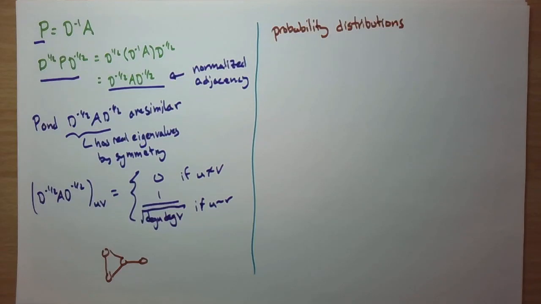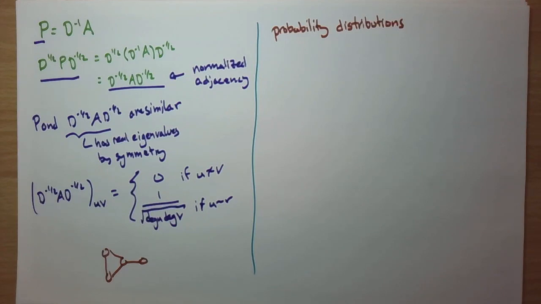Because P is similar to a symmetric matrix, P is diagonalizable. But it's no longer diagonalizable by an orthogonal matrix, so you can't necessarily choose your eigenvectors to be orthogonal anymore.